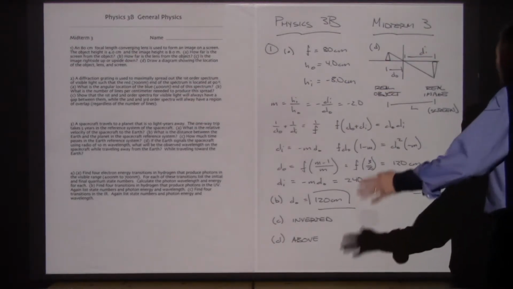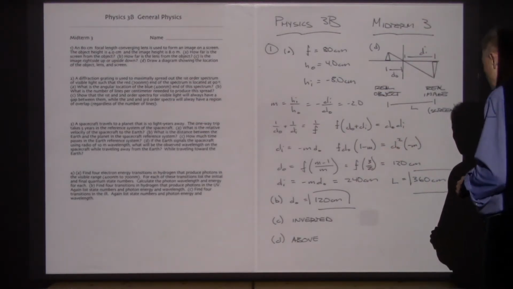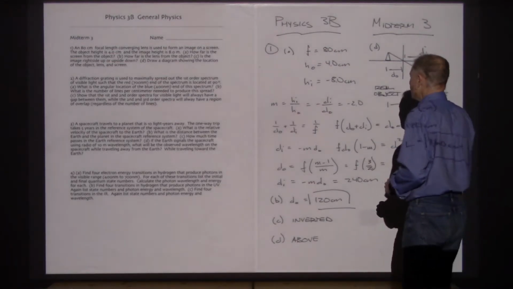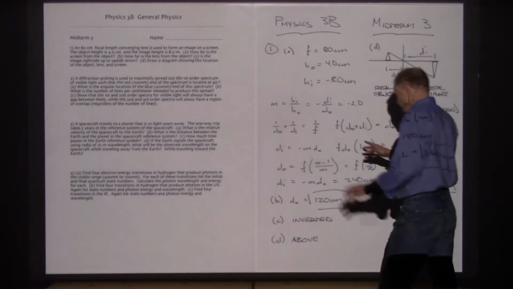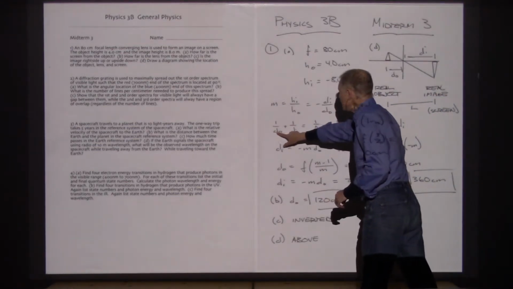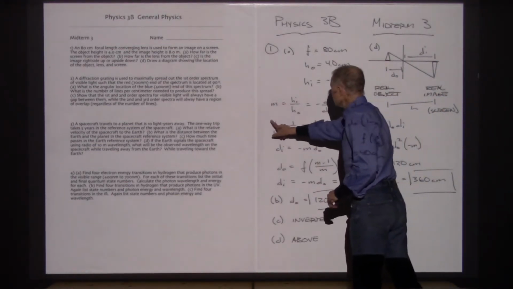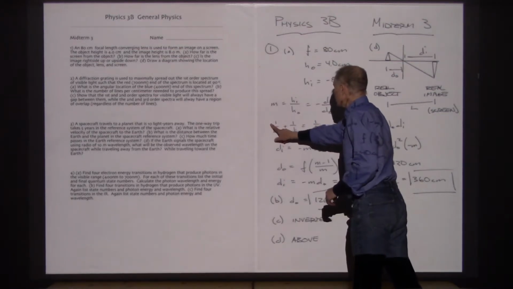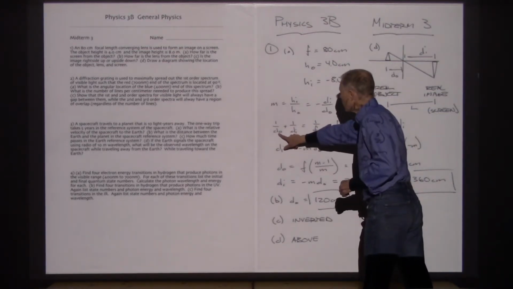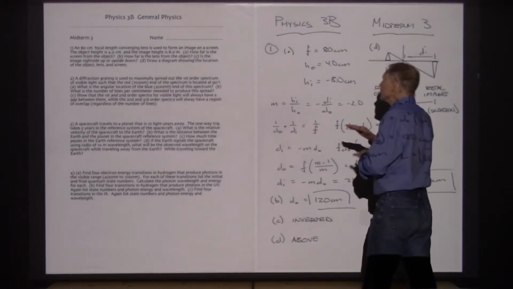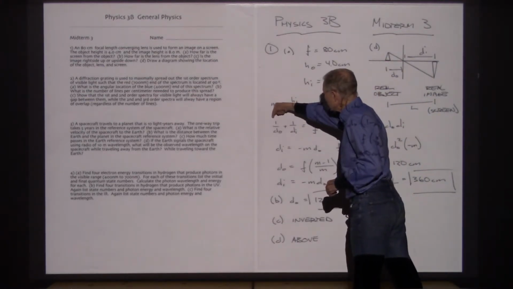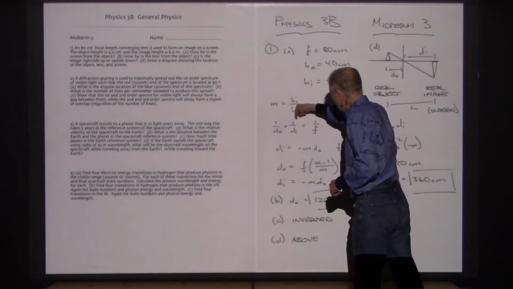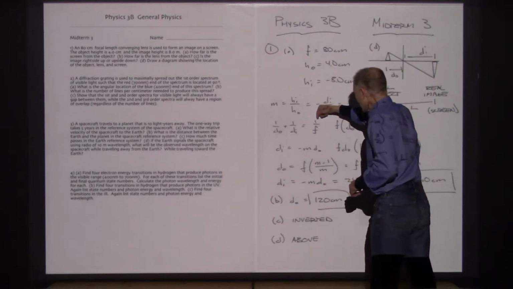Now, there's a couple different algebraic approaches here. The one I took was this. I got a common denominator. I multiplied through by DO, DI, F everywhere. And what that left me with was a DIF, DOF, DODI.